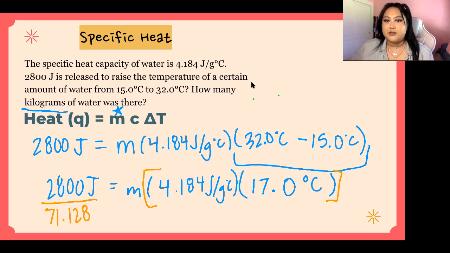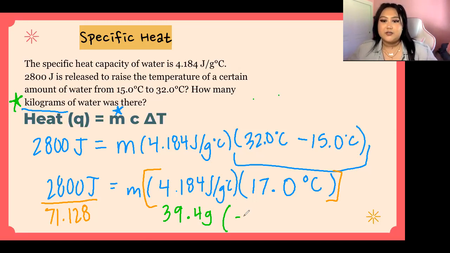Okay, 39. So I'm going to do 39.4 grams. And then we're going to go back to the problem to see what units we have to do it in, right? So 39.4 grams. What's the conversion factor again for grams to kilograms?